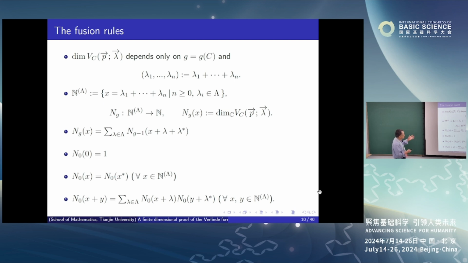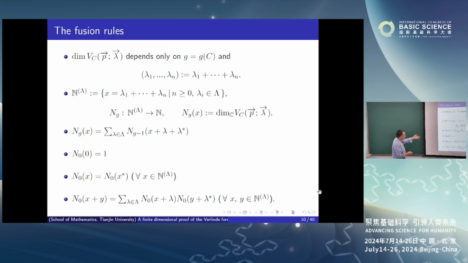From the definition, this only depends on the genus. So you can formally write it this way, and you can consider that a function, where x is here. So this is the dimension.